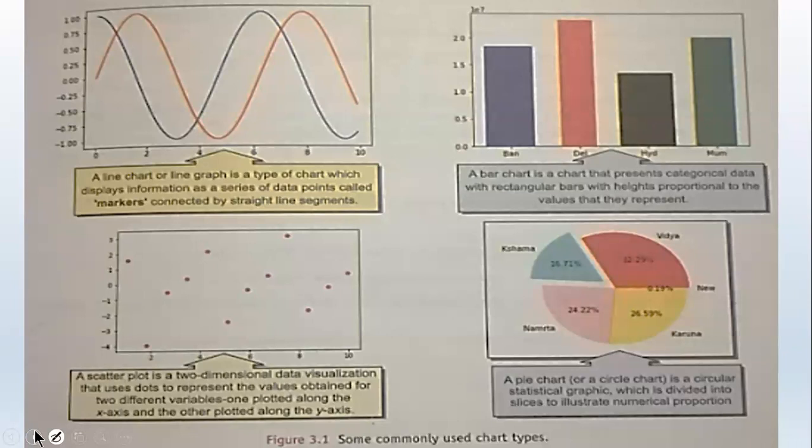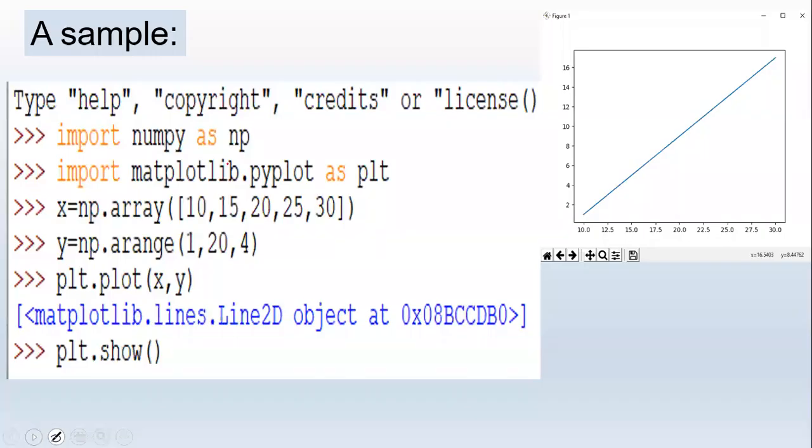So how to make these graphs, I am going to give you an example first, then we will study these in detail. See, this is Python code. Import numpy as np. We need to use the matplotlib library, dot pyplot. It is a part of this library which helps in plotting charts, as plt.